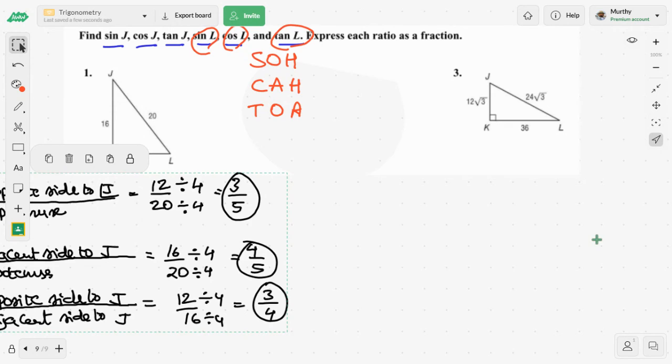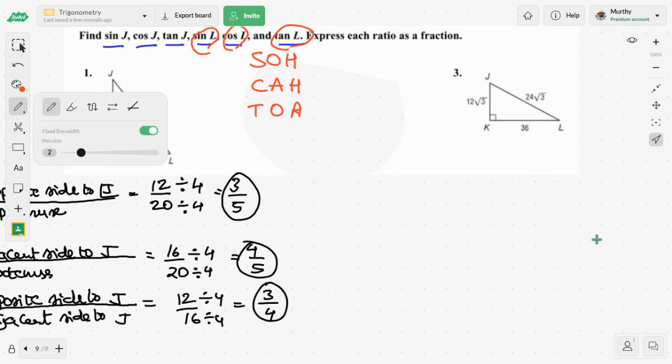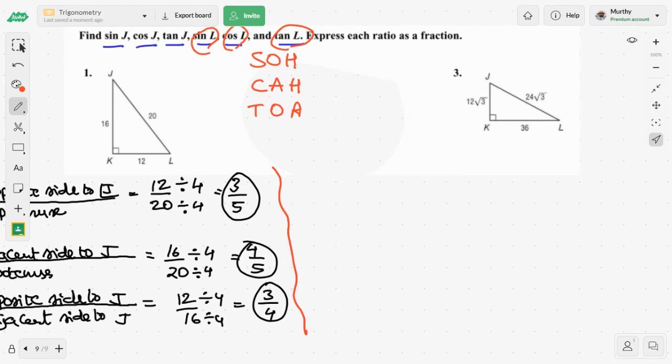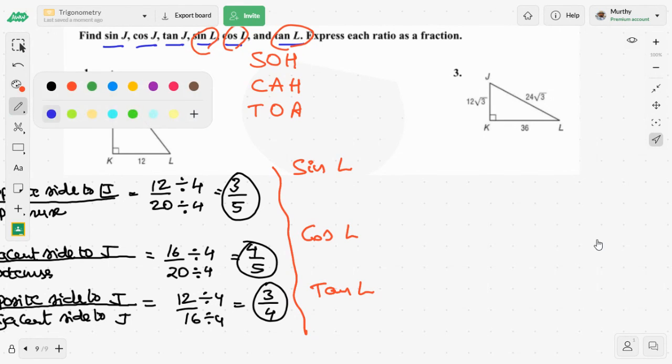Okay, then this time I'm going to find sin L, then cos L, and then tan L. Again, I have to think of SOHCAHTOA.